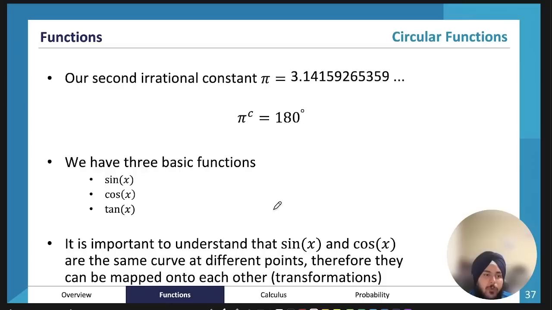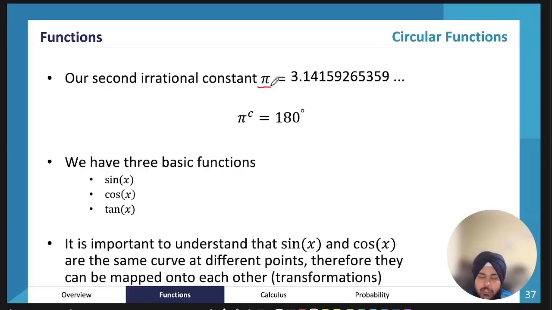Okay, now we move on to the last type of function for maths methods, that is circular functions. Circular functions are essentially derived from the basic functions sin x, cos x, and tan x. First of all, I'll talk about what pi is.